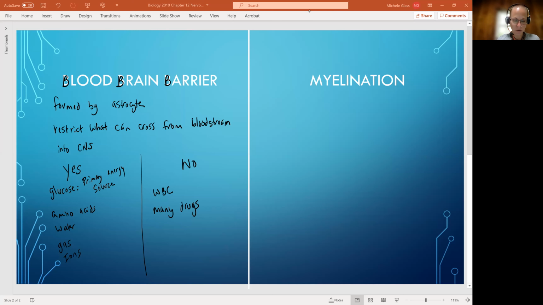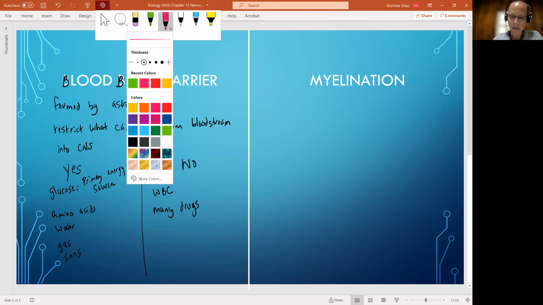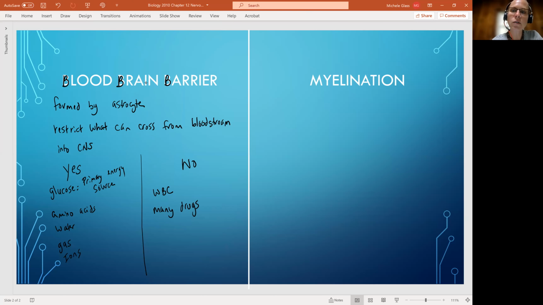The other topic here to talk about a little bit more is the myelination. And myelination is going to give us the white matter to the nervous system, and that's going to be true for both the central nervous system and the peripheral nervous system.